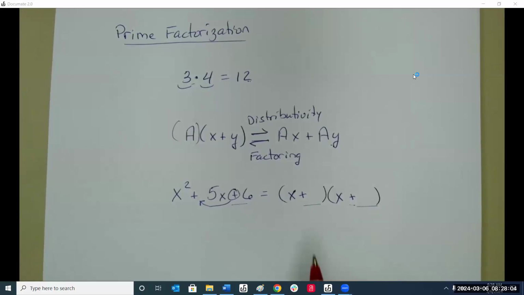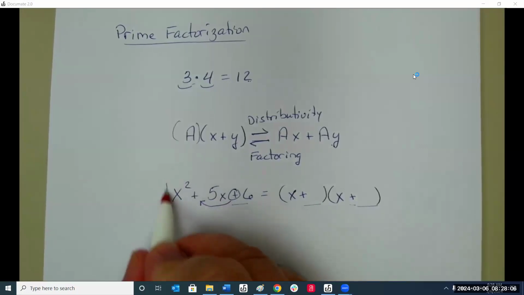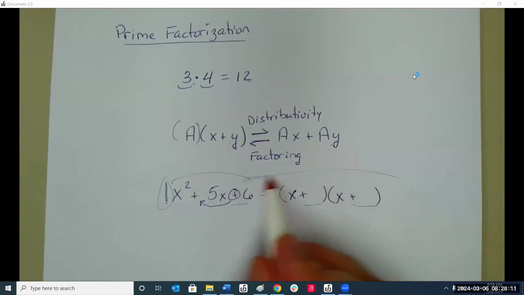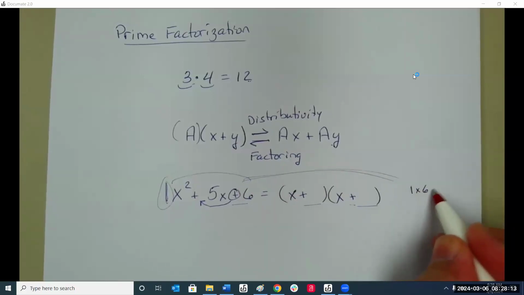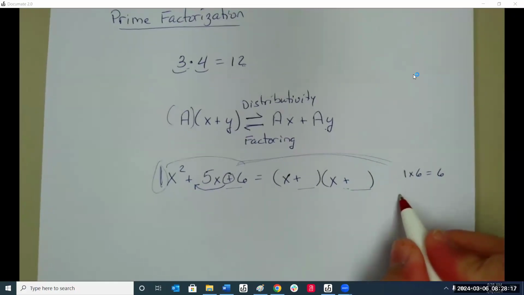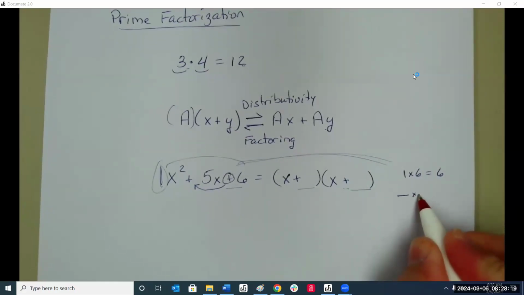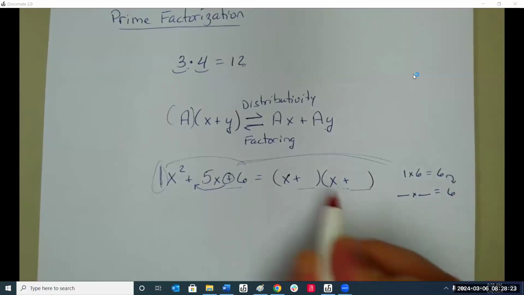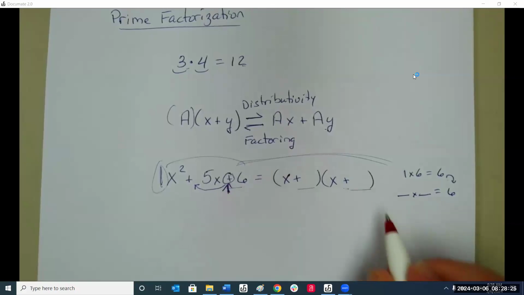Now comes the hard part. Take the first number here times this last number. So 1 times 6. Then you have to figure out what two numbers multiply to give you 6, that when you use that sign, when you add them, you equal this number.